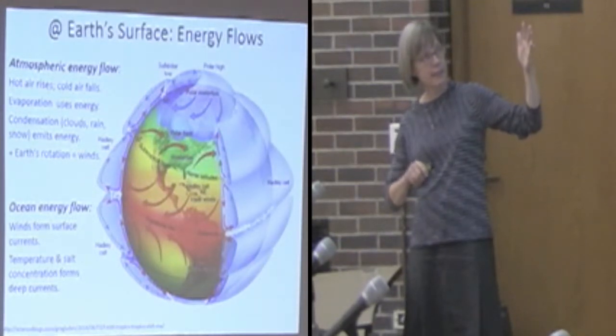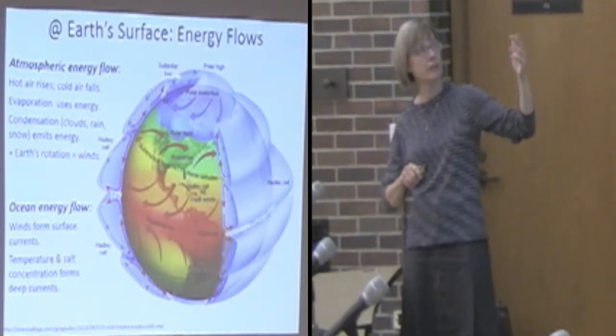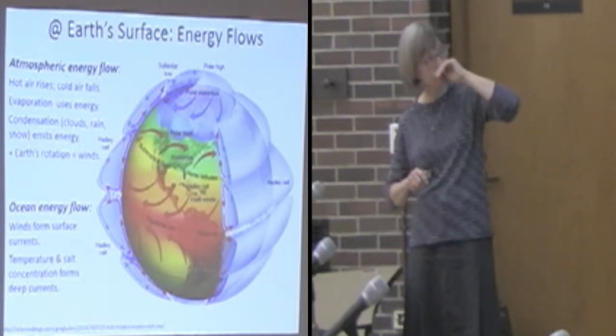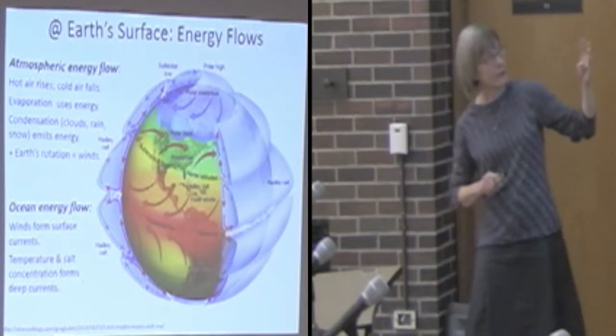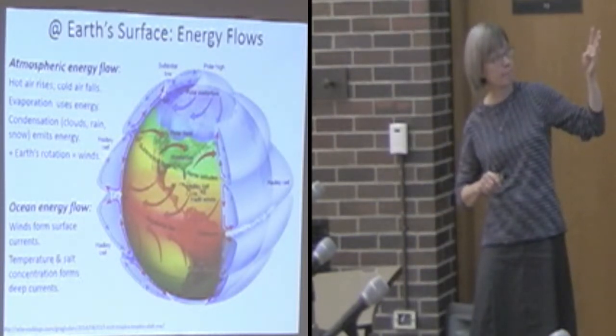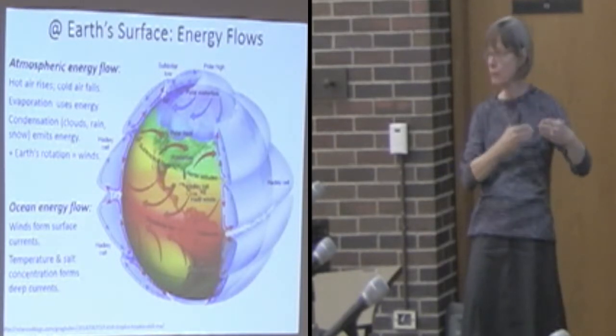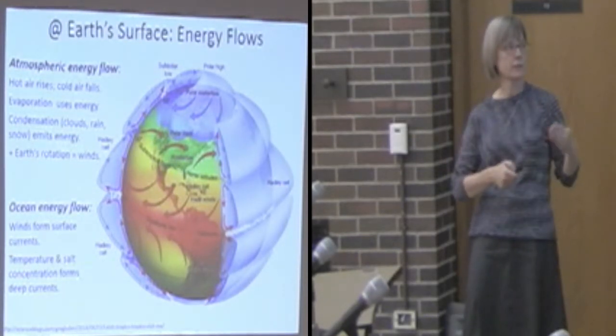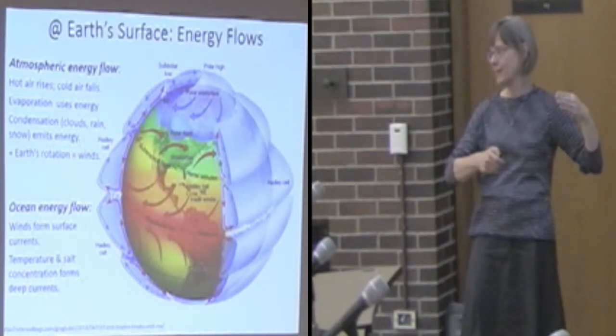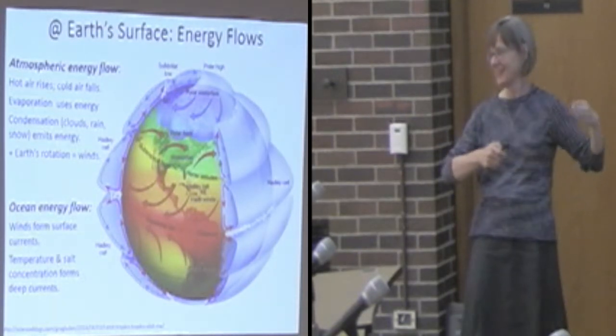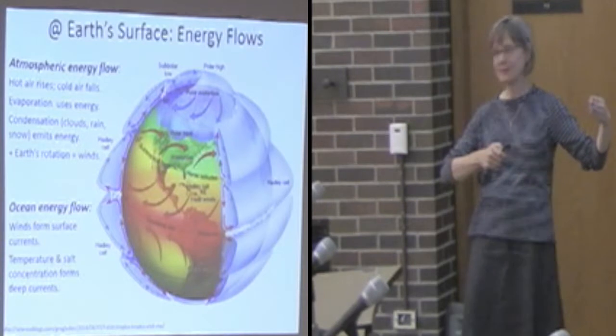There's a similar cell set up here for the atmospheric circulation, and then one right at the poles. Okay. The combination of the vertical cycling of air in the atmosphere with the rotation of the Earth, which is which way? Left to right or right to left? Which way is the Earth rotating in the picture?